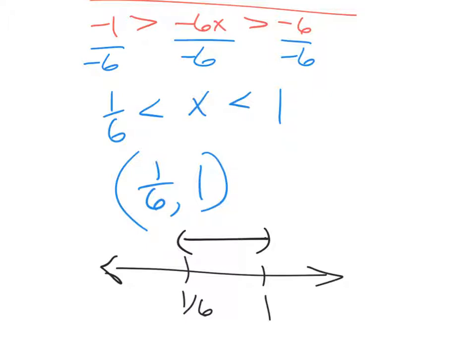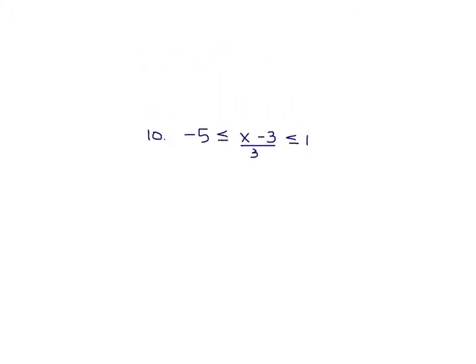Last example is another compound, but we're getting rid of the division, so we're multiplying everything by 3. I'm essentially multiplying my entire inequality by 3. This becomes negative 15, this becomes x minus 3, and this becomes 3. Now I add 3.